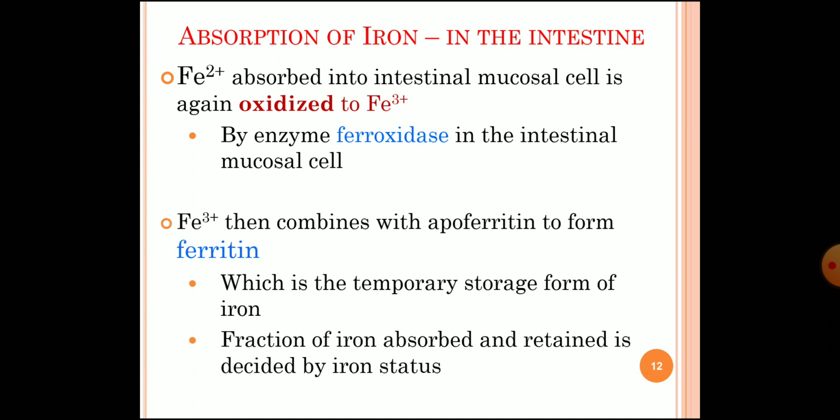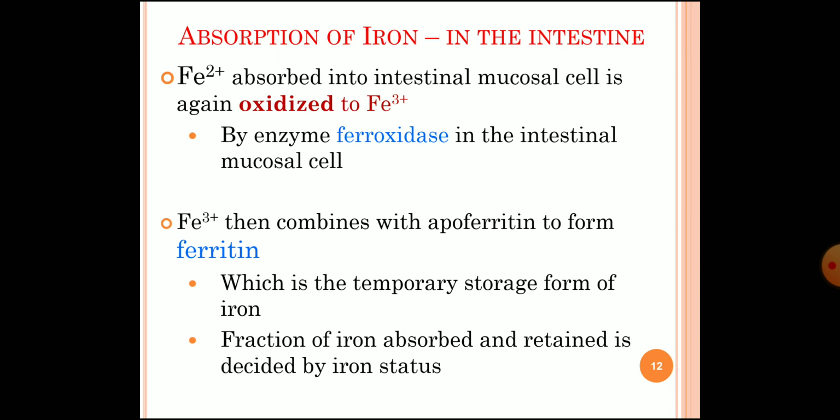The ferric then combines with apoferritin, a protein, to form ferritin. So ferric iron plus apoferritin jointly forms ferritin. What is ferritin? Ferritin is the storage form of iron. So in the intestinal epithelial cell, it is a temporary storage form of iron.